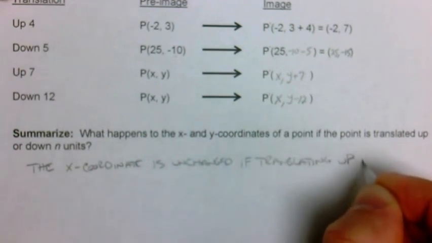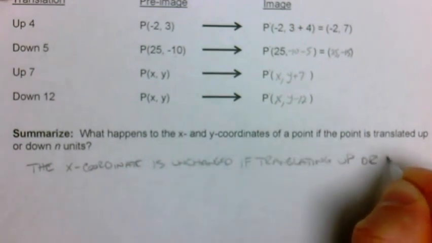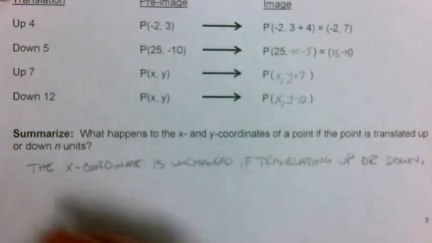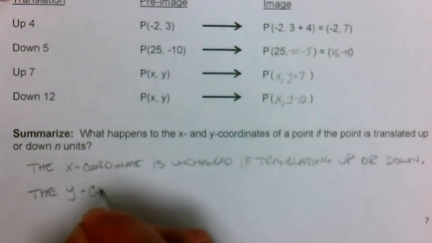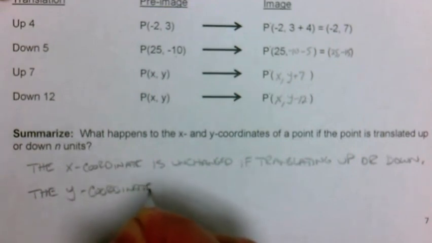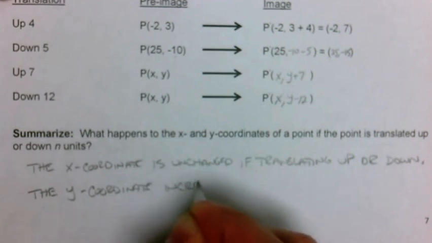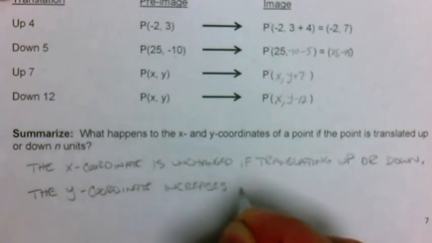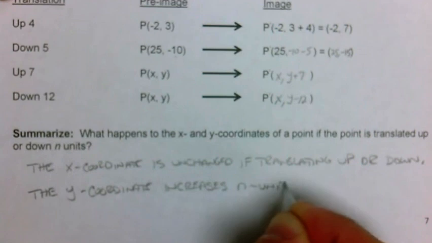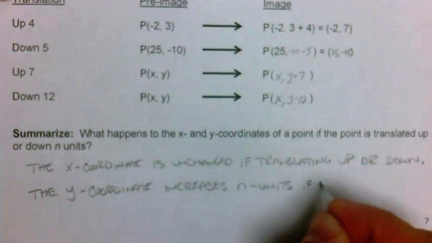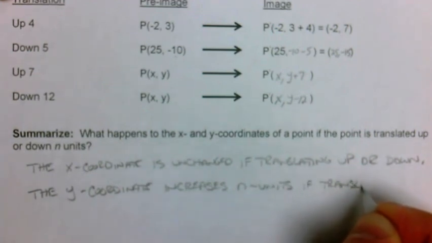But the y-coordinate could change two different ways. One way, the y-coordinate increases n units if translating straight up.